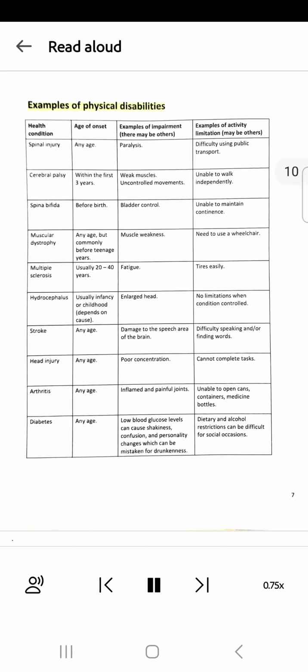Slide 6. Examples of physical disabilities: spinal injury, cerebral palsy, spina bifida, muscular dystrophy, multiple sclerosis, hydrocephalus, stroke, head injury, arthritis, diabetes.